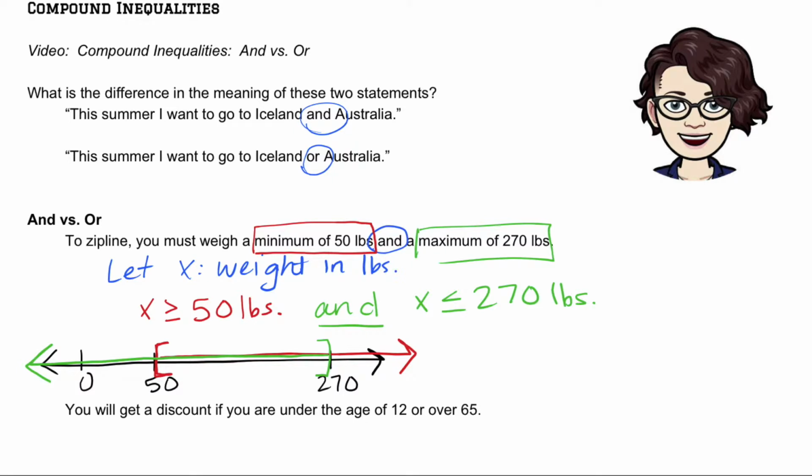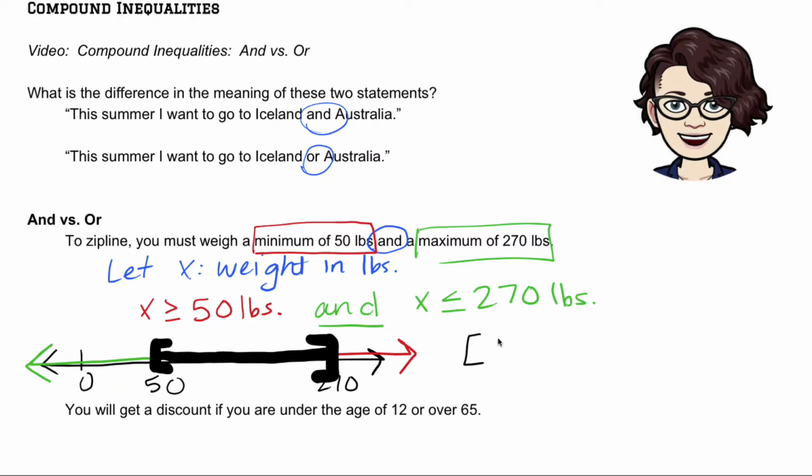I'll make this a little bit bigger, our solution lies in, whoa, that's a little bit big. Let's see if I can delete that little section there. That tells us that our solution is only between 50 and 270. And then we write that in interval notation.